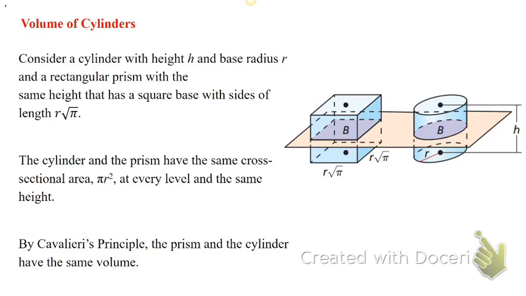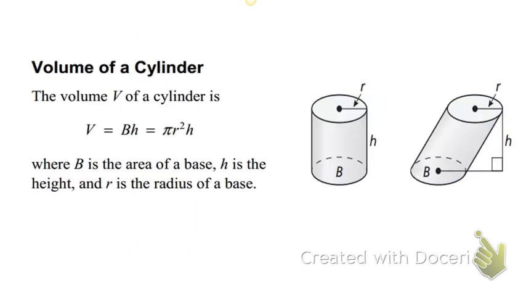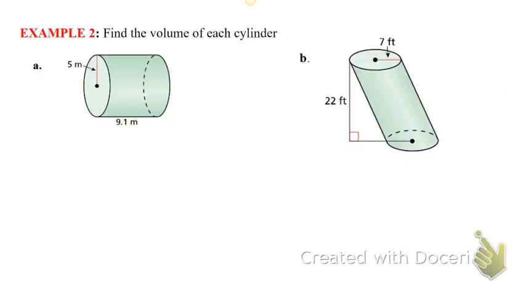And Cavalieri's principle works the same. If the base area is the same and the height is the same, then the volume of the two figures are the same. So capital B in this case is pi r squared always, because a cylinder's base is always a circle.